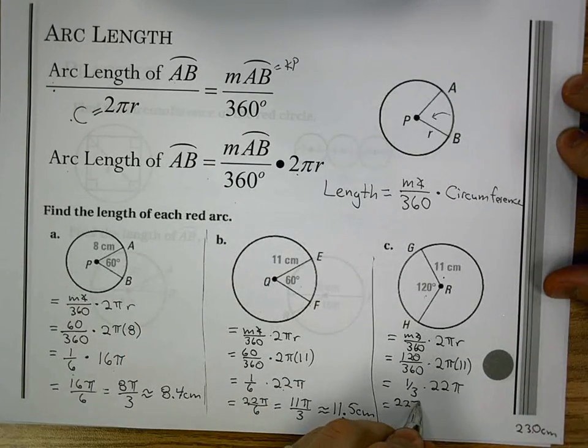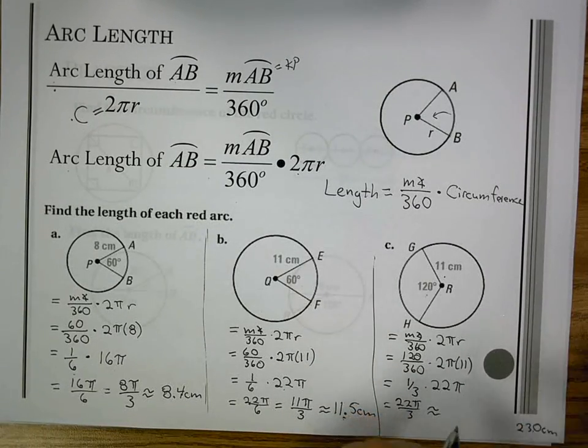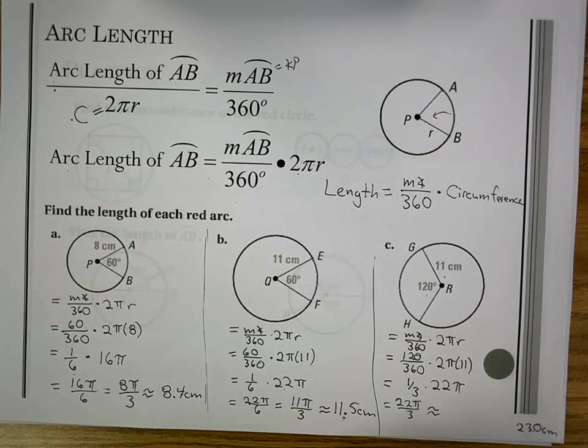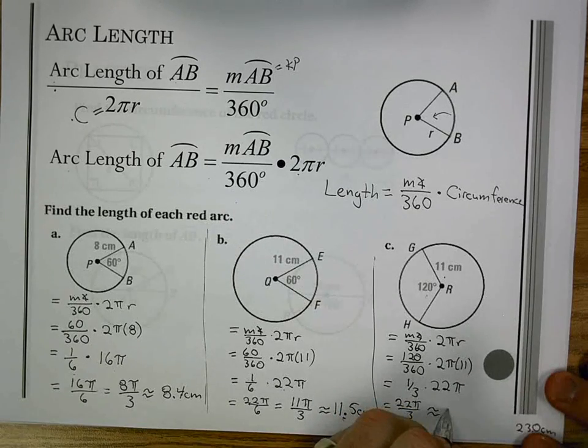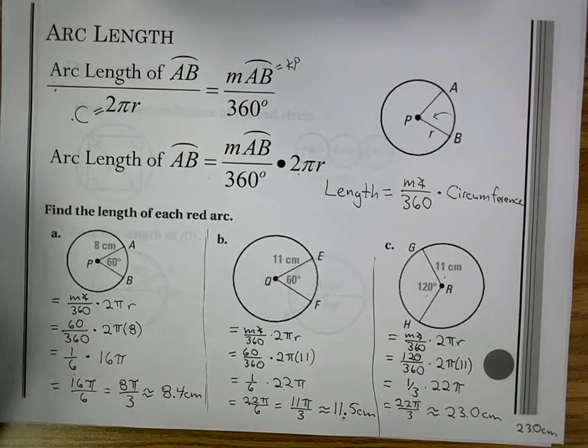That gives me 22 pi over 3, which is in terms of pi. I can now simplify that, and that's 22 times pi divided by 3, which comes out to be about 23.0 centimeters. It's actually 23.038. Let's do 23.0.